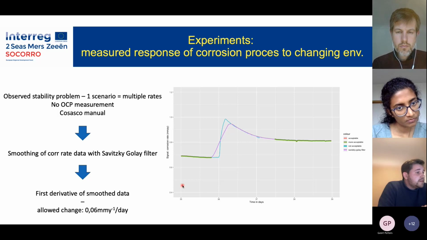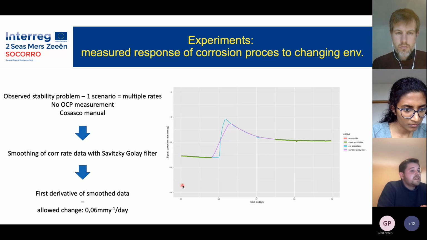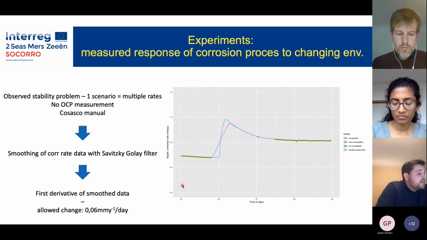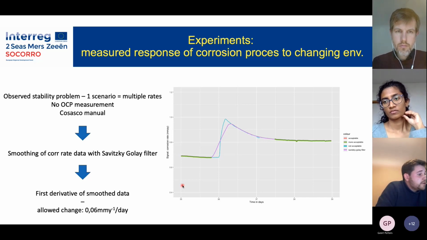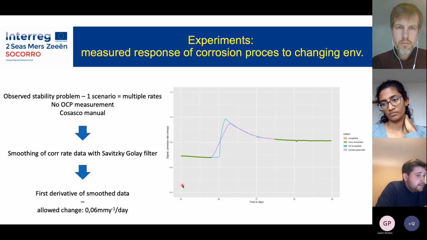So I used the Savitzky-Golay signal processing filter to smooth the measured corrosion rate, and this would allow me to take the first derivative of the smoothed data. Based on the small experiments that you saw in the previous slide, an allowed change of 0.06 millimeters per year per day was chosen in order to filter out every data point where the first derivative would be higher than that.